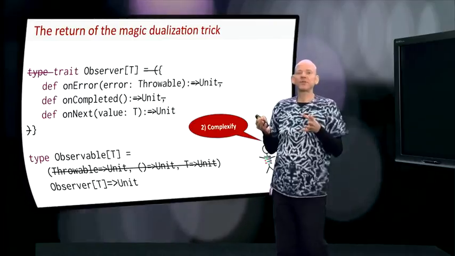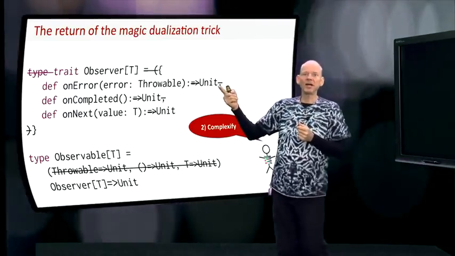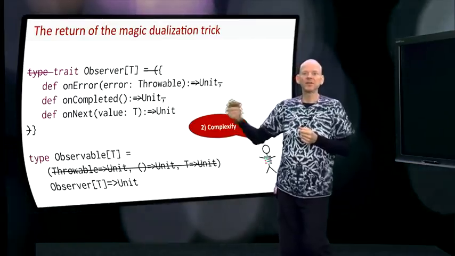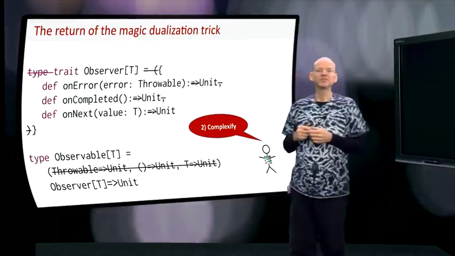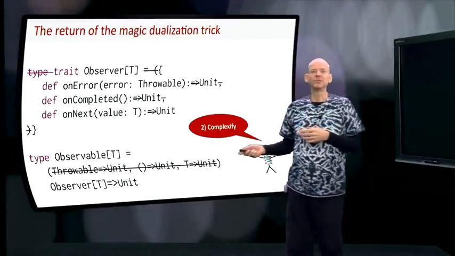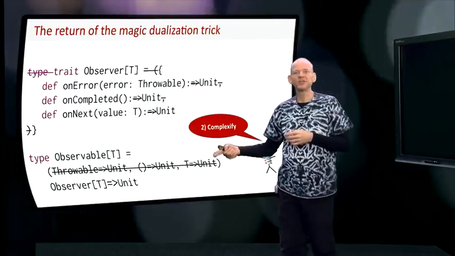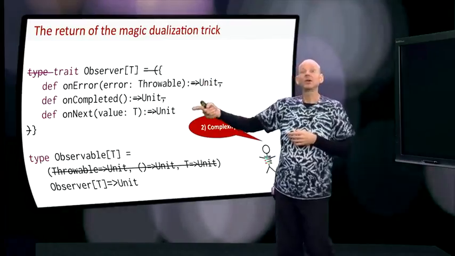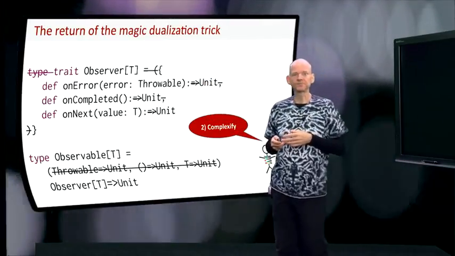So this triple of three functions becomes one trait with three methods: onError, onCompleted, and onNext. And nothing here changes, right? The Observable still takes an Observer to unit. But I just want to leave this here to remind you that these three functions are now represented by that single trait.